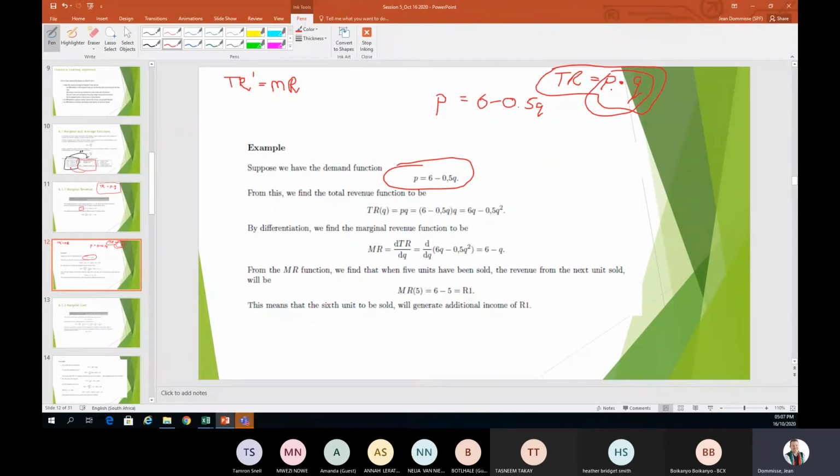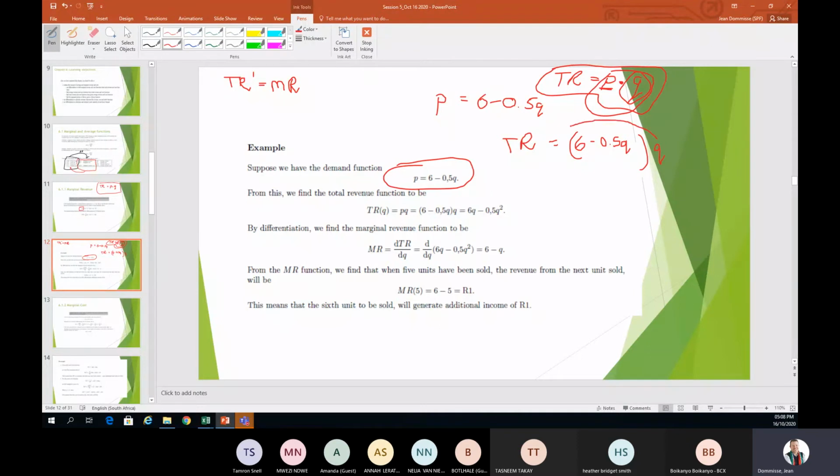No, but I've got that piece, so I know the price is that, and Q is just the number. So to work out my total revenue I take the price, that is your price function, and I multiply it by Q.